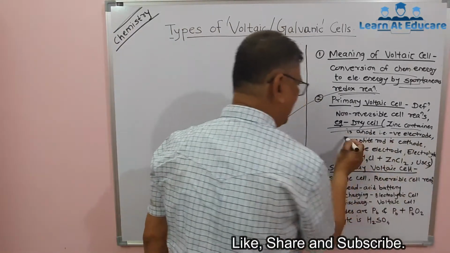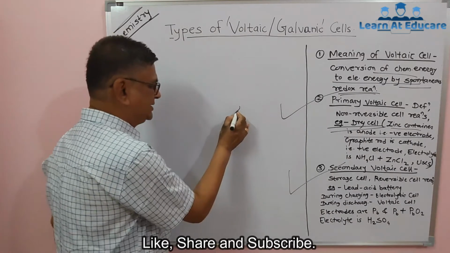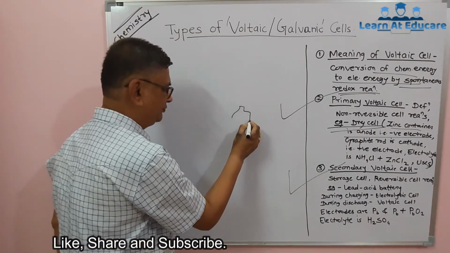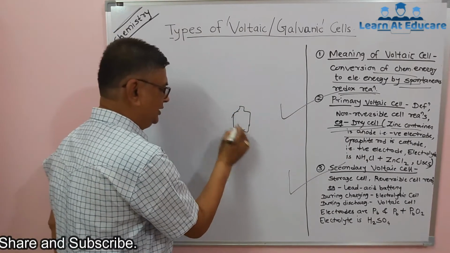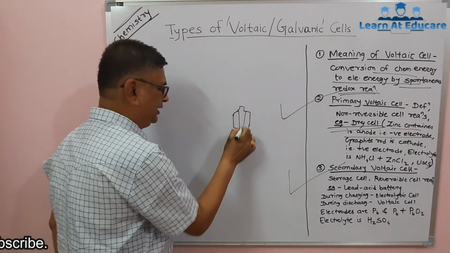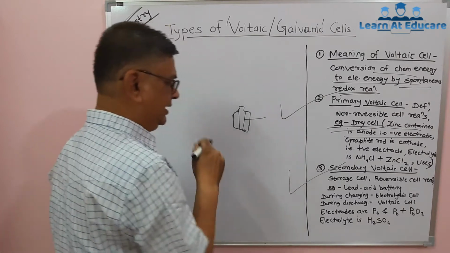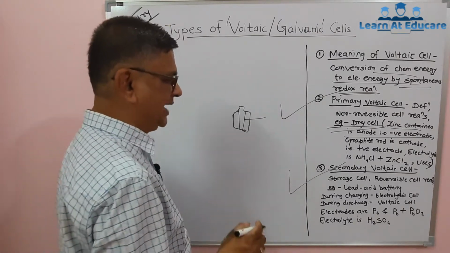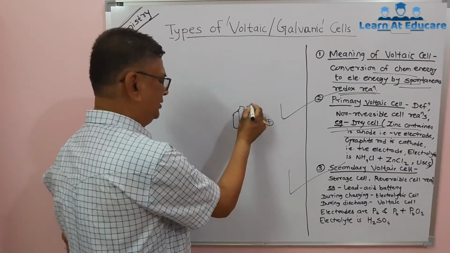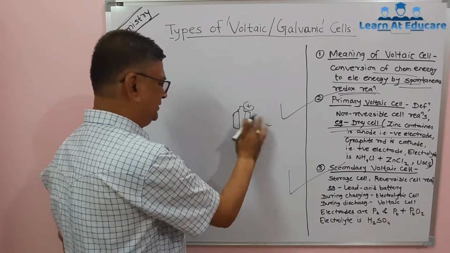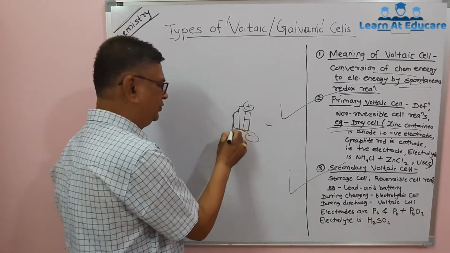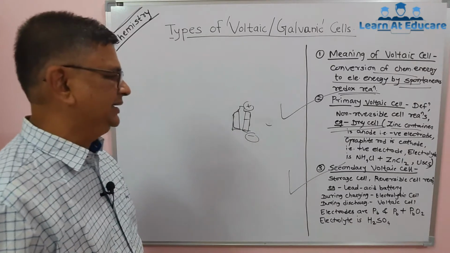In the dry cell there is a zinc container. Dry cell has somewhat such a shape. In the dry cell, the central graphite rod acts as the positive electrode, that is the cathode, and the zinc vessel acts as the negative electrode, that is the anode.